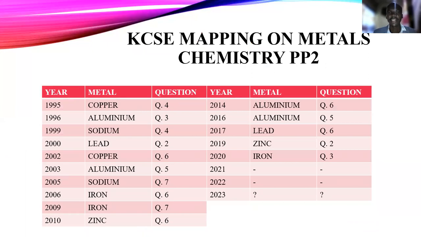So first of all, let us see the mapping of this topic in KCSE in Paper 2 from 1995 to 2022. In 1995, the metal tested was copper, in question 4.